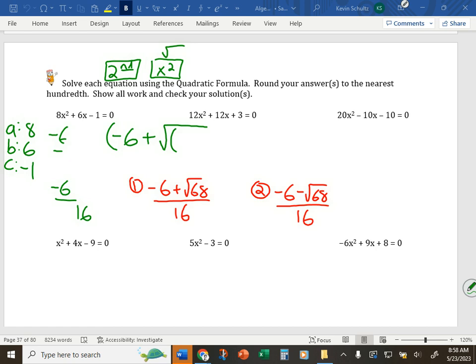So you put in your 68, you close the parentheses over the root, but then you also close the parentheses you gave it originally. If you don't put in a second set of parentheses and close it, it's going to divide the root of 68 by 16. So you need 2 sets of parentheses, close them, and then divide by 16.